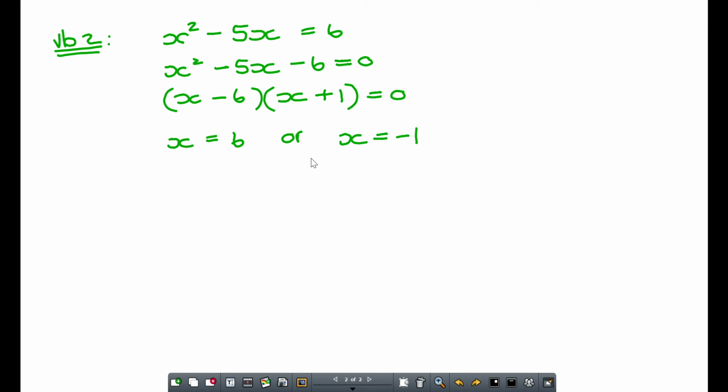ax kwadraat plus bx plus c. Because this a value is actually just the number that's in front of the x squared. This b value is just the coefficient of x, die getal voor x, en dan daai heel getal, we just call c.